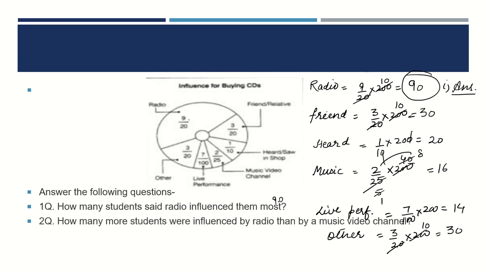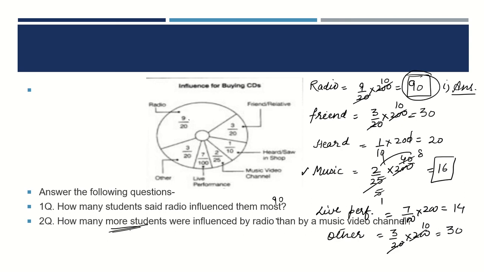Next, how many more students? How many more or how many less? Means one thing comes to my mind, that is subtraction. More students were influenced by radio than by a music video channel. So in music video channel I have 16 students, and in radio I have 90 students.